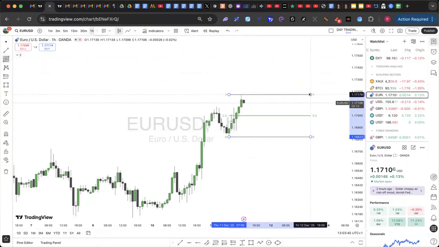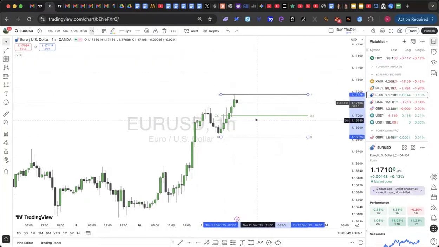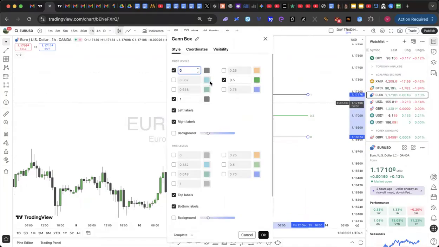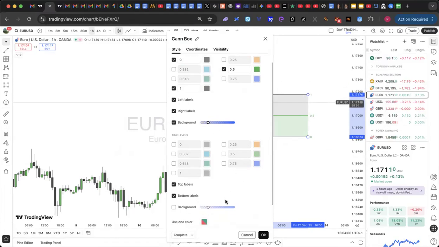Can you see now? The recent low and then the recent high. So you're expecting the market to return back here. I want to put the color, can I put the background? Makes sense. Okay.